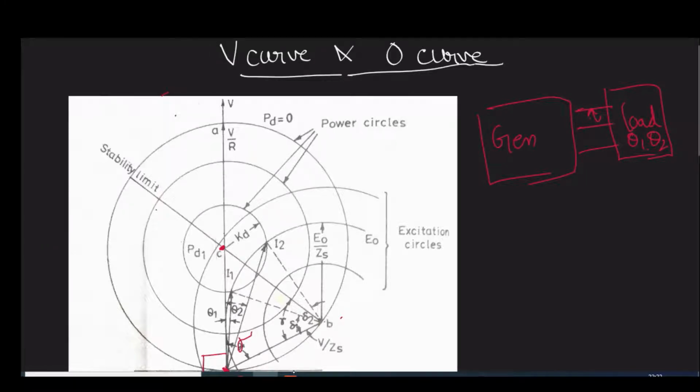Say one, like this. Suppose I want this PD1. This is my power requirement. So this can be one value of excitation, and another value of excitation can be like this.